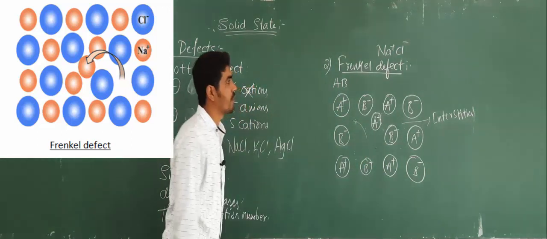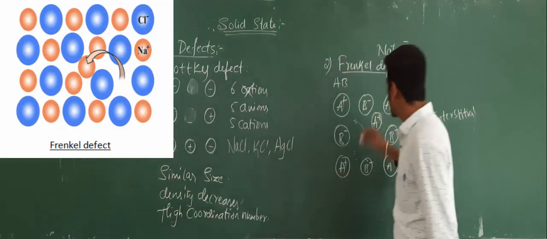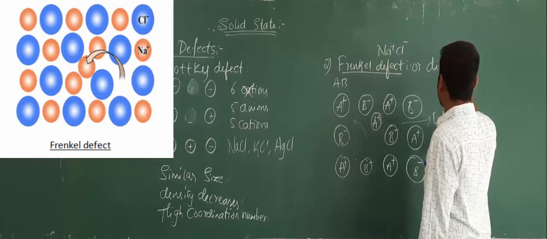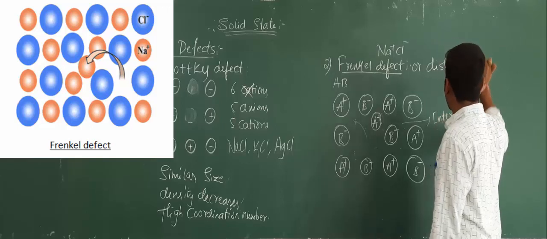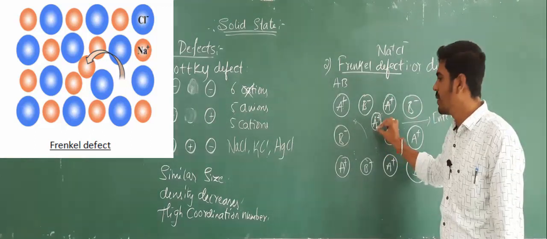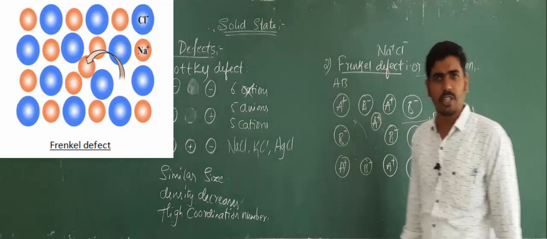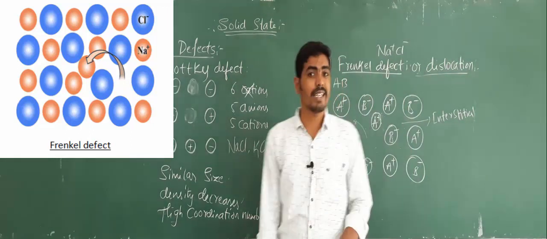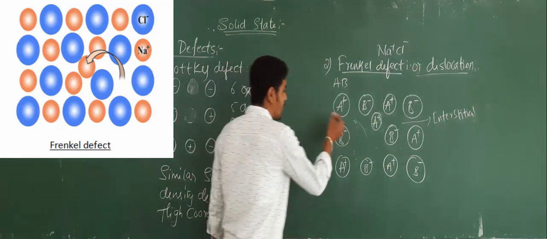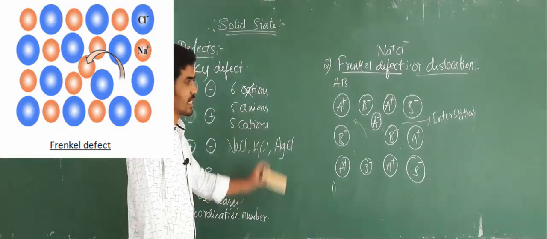This kind of defect is called Frenkel defect, or this defect is also called dislocation defect, because the ion gets dislocated from its original site. Now what are the characteristics of this Frenkel defect? First, what happens to the density of this crystal?